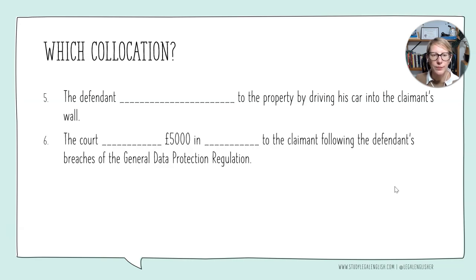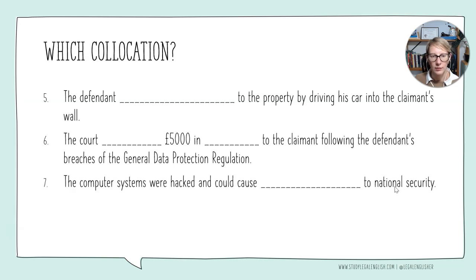The court £5,000 in to the claimant following the defendant's breaches of the General Data Protection Regulation. Okay. Number 7. The computer systems were hacked and could cause to national security.